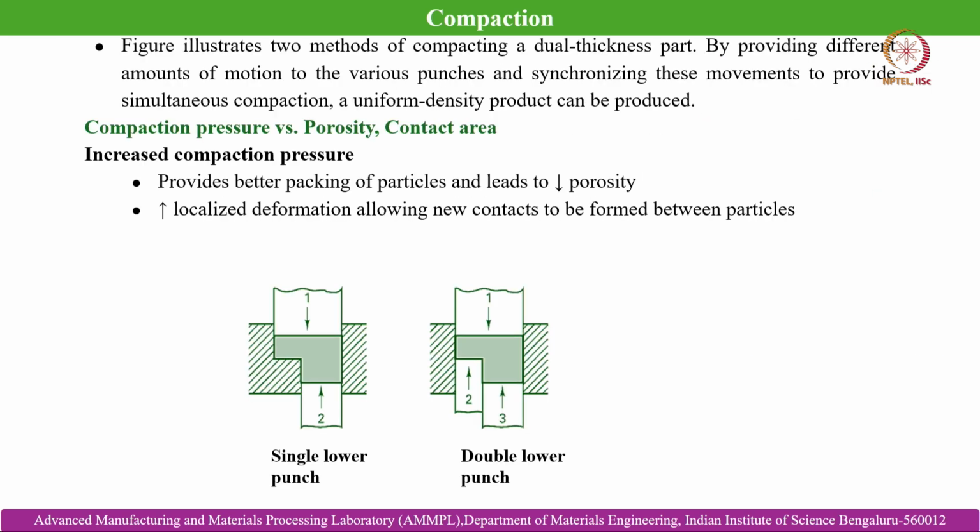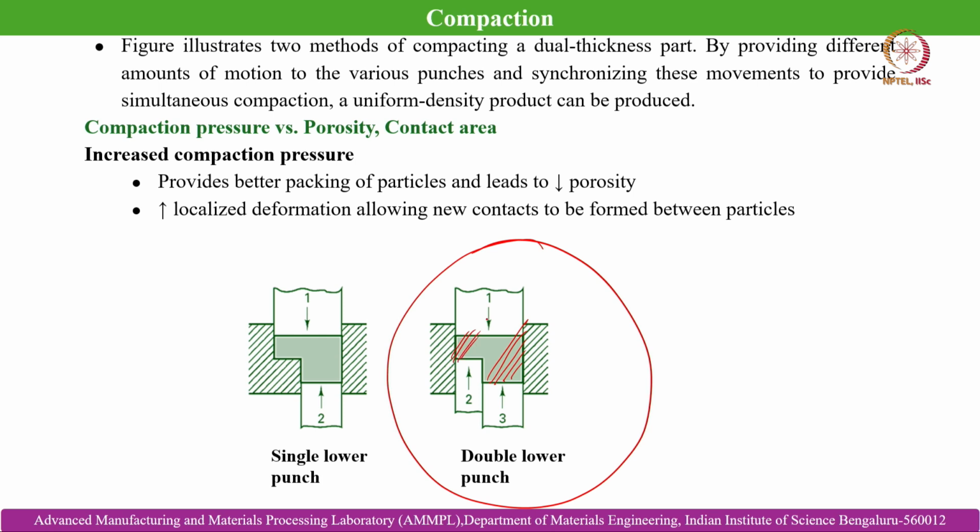This is a typical example of using more punches than the top and bottom one. You can see we are using a double lower punch while only one upper punch is involved, because of a different cross sectional area at this region compared to the other region.